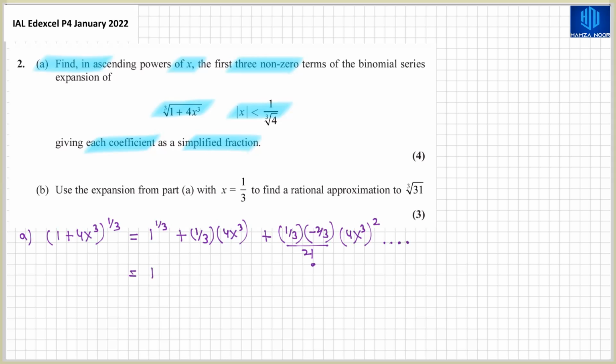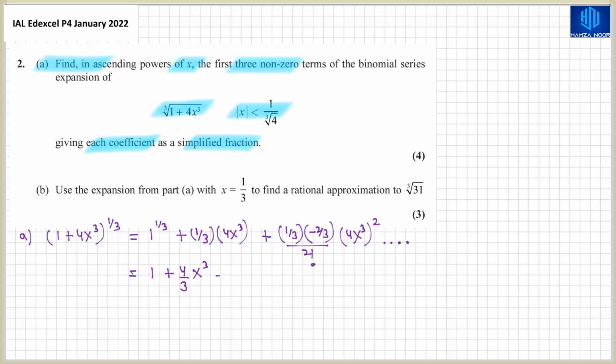So the first term is 1, and then we have 4 over 3 into x cubed. And then in your calculator, you will evaluate 1 over 3 multiplied by minus 2 over 3 divided by 2 factorial. It will give you minus 1 over 9, and then multiply by 4 squared.